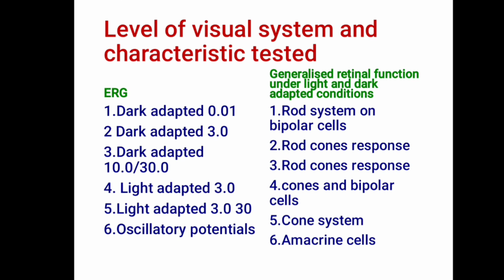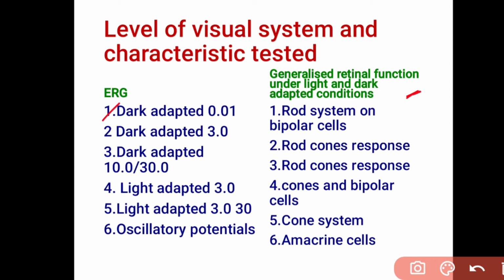Next is, by doing which test, which level of the visual system we are testing. With the ERG we are looking for the generalized retinal function under both light and dark adapted conditions. As I told, full field ERG has both dark adapted and light adapted. In the dark adapted we have using low flashlight, that is 0.01.